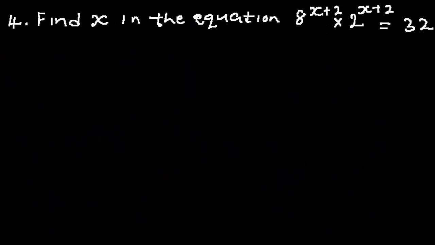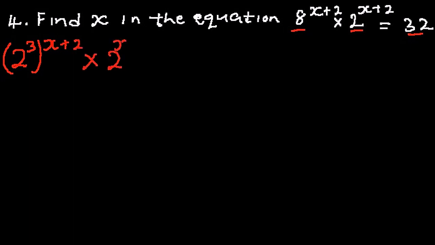So in this question we are supposed to find x. So what we do, we try to establish a common base. So 8 is the same as 2 to power 3, this is into bracket x plus 2, multiplied by 2 to power x plus 2 is equal to 32, which is the same as 2 to power 5.